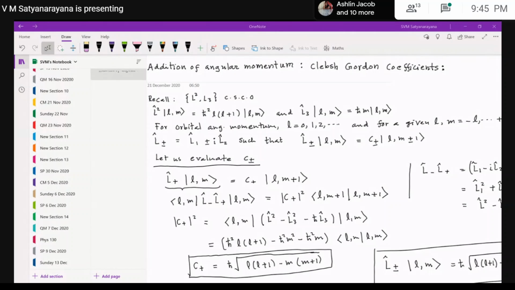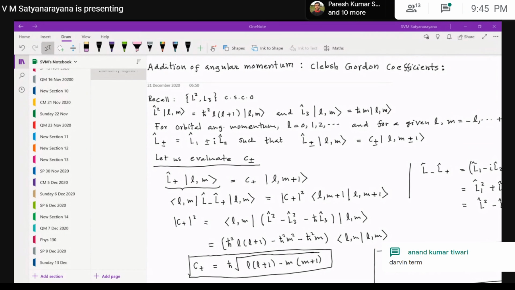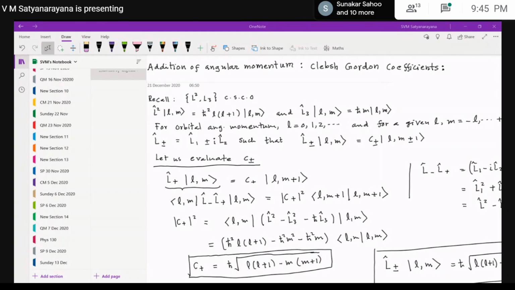If you keep one more term, then the P to the power 4 term will come. That will give rise to some fine structure in your spectral lines. In fact, if you solve the Dirac equation, all powers will be there in that. Yes, sir, but here we consider only up to the first P4 term.